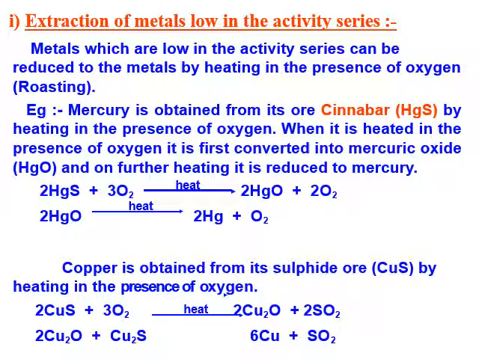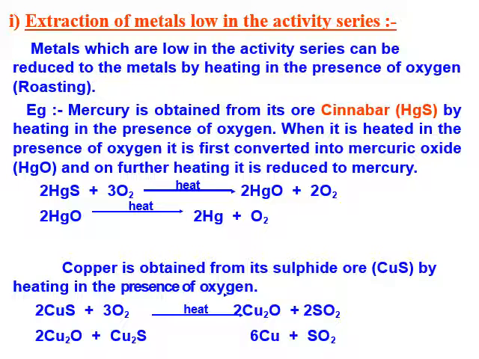Now, extraction of metal low in the reactivity series. Metals which are low in the activity series can be reduced to metals by heating in the presence of oxygen, or roasting. Example, mercury is obtained from its ore cinnabar, HgS, which is a sulfide ore, by heating in the presence of oxygen.